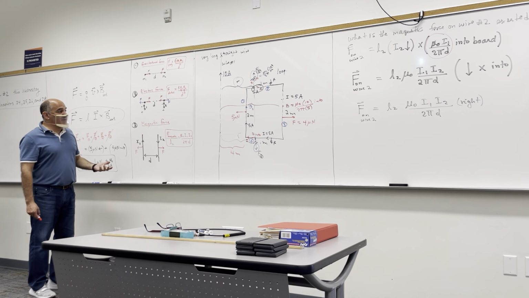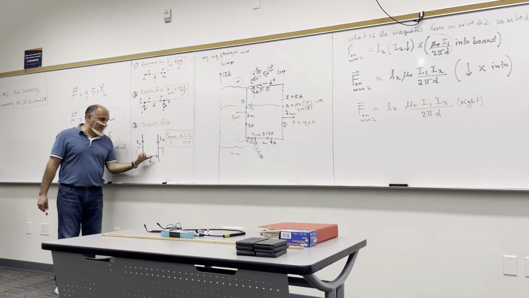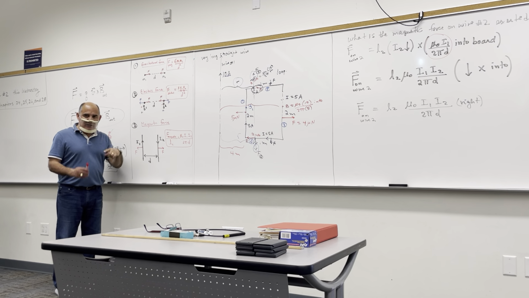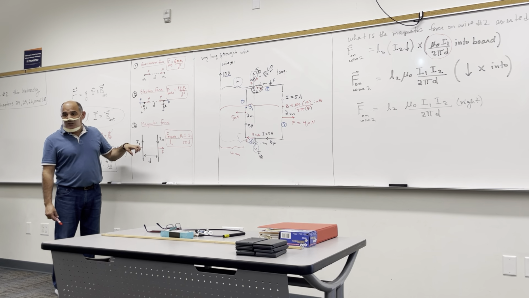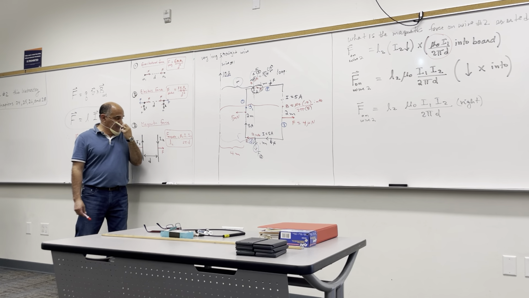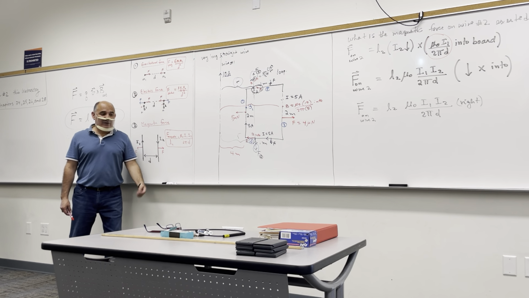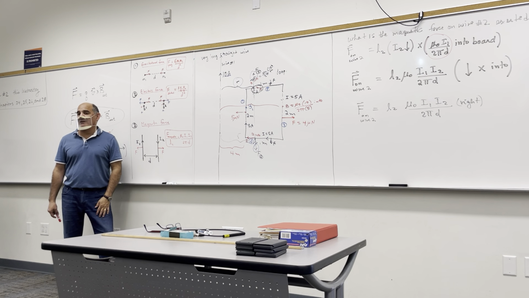Now, for magnetic forces exerted by one wire with current and another wire with current, and they're in parallel like this, so that the currents are in the same or opposite directions, then the force per unit length is what you calculate over here, a constant, and then you multiply the two currents. Notice that in order for one wire to exert a force on the other wire, both wires need to have current in them.